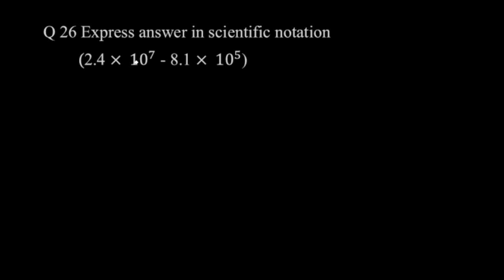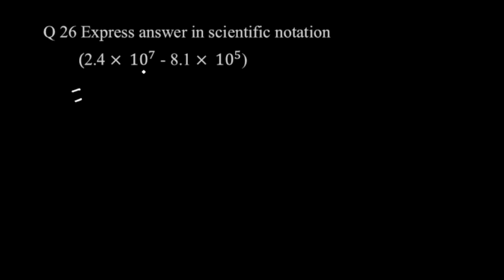2.4 multiply 10 to the power 7 minus 8.1 multiply 10 to the power 5. We have different power, 10 to the power 7 and 10 to the power 5. In such types of question, always try to make the same power.